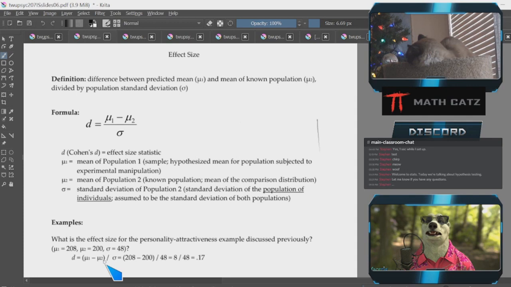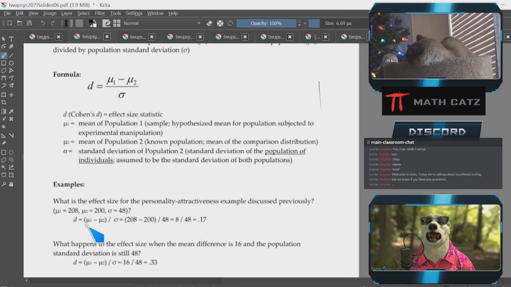If, for example, we do the same thing, but the difference between the population mean and what we measure is 16 instead of the 8 here, then you see the effect size increases because the gap here is bigger between those two examples.